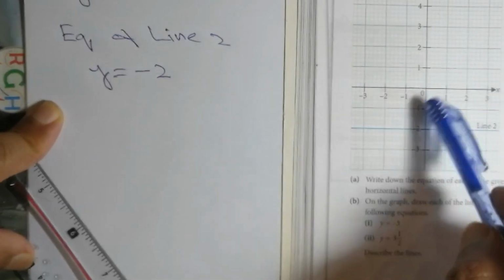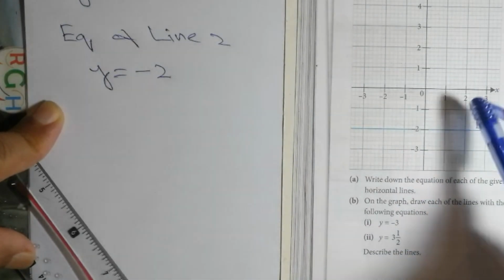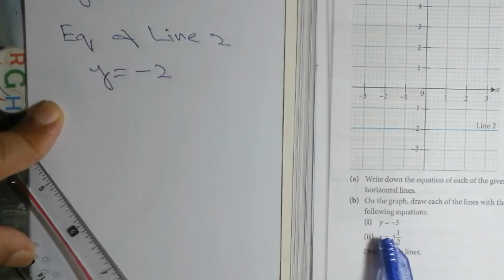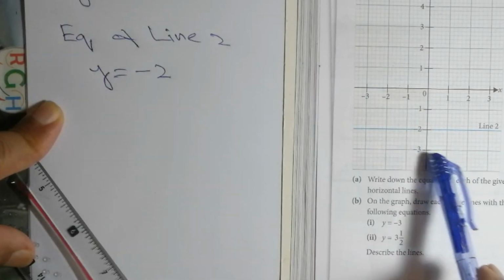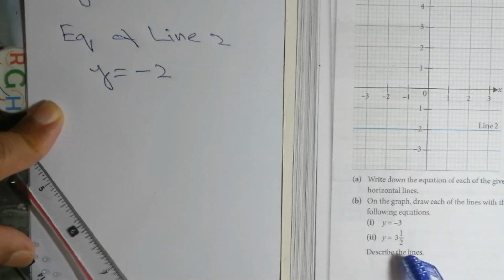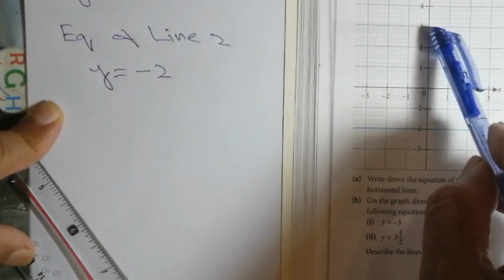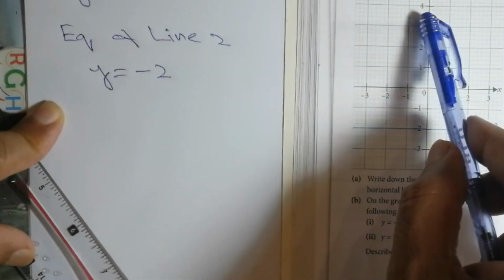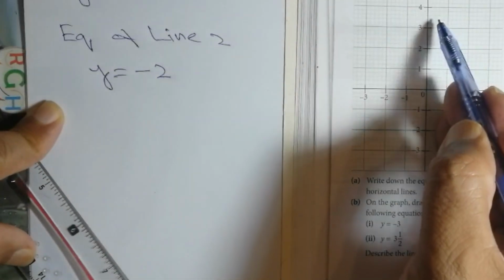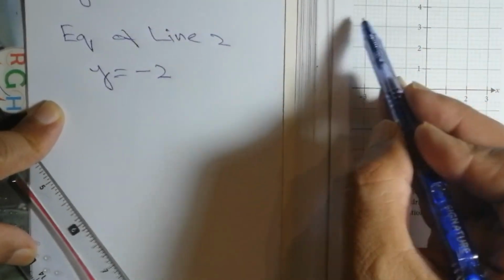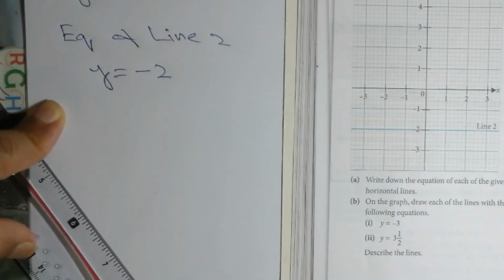For y equal to minus 3, we draw the horizontal line here. Here y was negative, so we draw it below the x-axis at minus 3. Now y equal to 3.5: this is 3, and the middle point between 3 and 4 is the half, so we draw the line horizontally there. This will be y equal to 3.5.